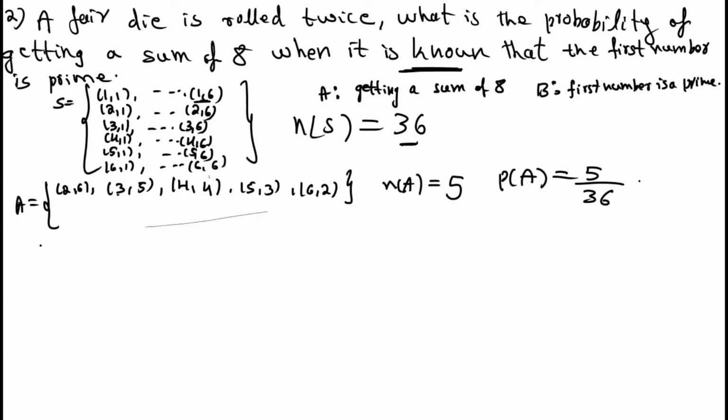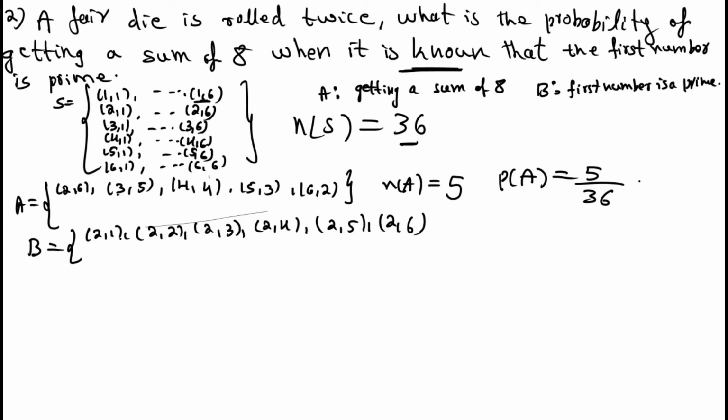Okay. In the next case, take event B. What are the possible outcomes of event B? First number is a prime. You can get 2 1, 2 2, 2 3, 2 4, 2 5, 2 6, because we know 2 is a prime number, right? See, first number everywhere is a prime.